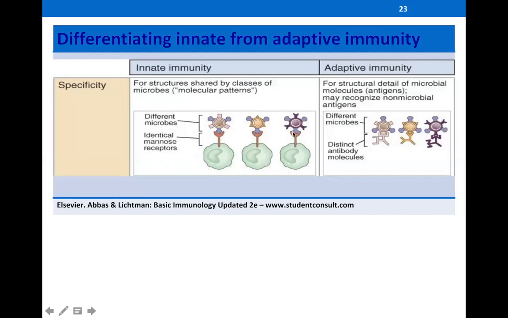Look at the adaptive immunity. For structural detail of a microbial molecules or antigens, they may actually recognize non-microbial antigens. As opposed to your innate immunity, in the adaptive type of immunity, for the different microbes, they have distinct antibody molecules. Okay? They have distinct antibody molecules for the different microbes, as opposed to your innate immunity, which has different microbes with identical mannose receptors.